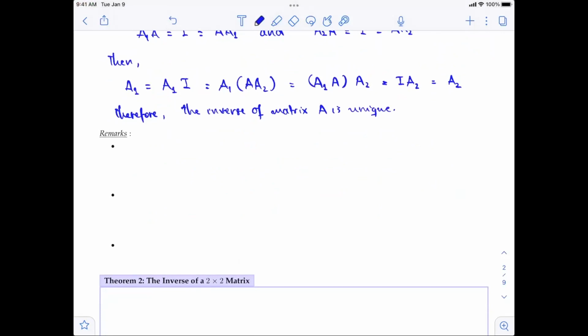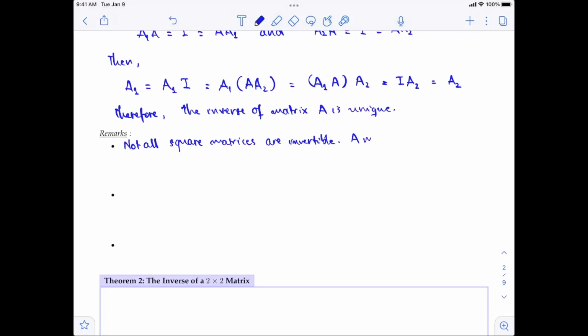All right, so I have three different remarks here. The first one is that not all square matrices are invertible. Right, so you cannot always find the inverse of a matrix, right?